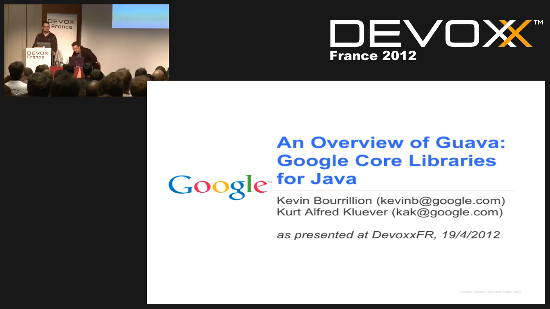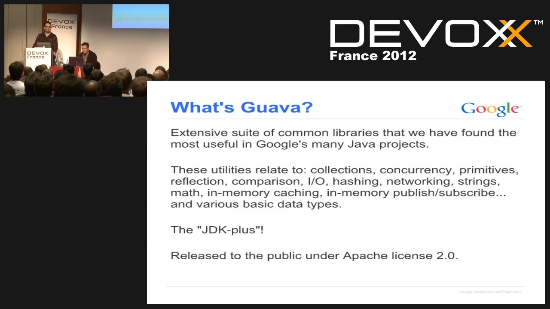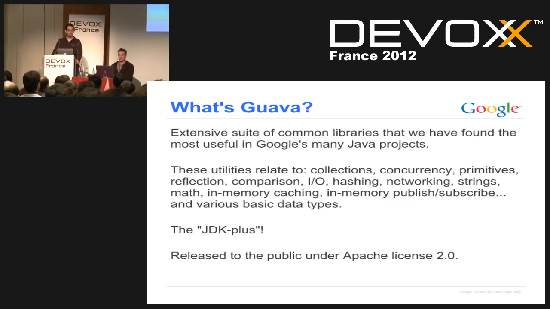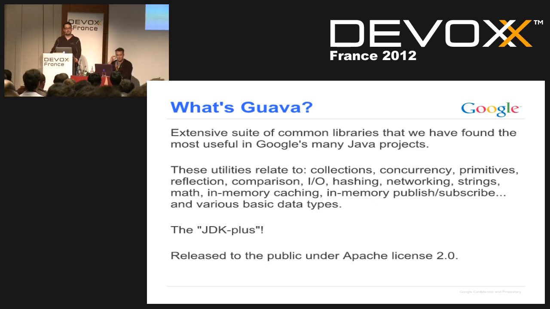What is Guava? Guava is a suite of the common utility libraries that we have found the most useful at Google across all of our thousands of Java projects. So we are talking about collections, concurrency, utilities for working with primitives, reflection, etc. We have found that no matter what kind of application we're building, whether it's server-side, in the browser using GWT, or on a phone, these kinds of things tend to be needed again and again.